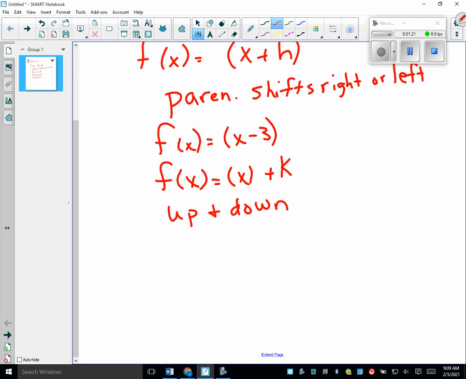If I put a number outside the f of x, it makes it bigger or smaller. Guess what a negative out front does? Negative flips it over. So what you're going to be given is a graph, and then you are told how you want to shift it.